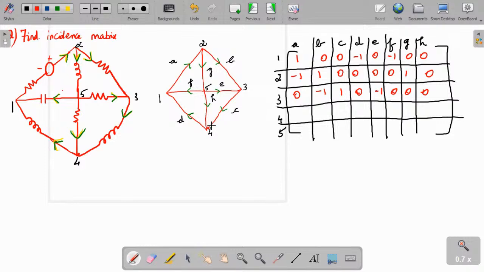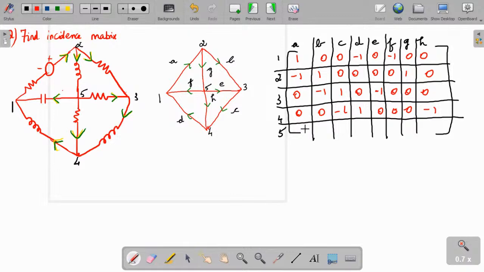Next consider node 4. Only D, H and C are connected, so remaining are 0. Okay, what about C? For node 4 it is incoming, so -1. D is leaving, so +1. And H is approaching, so it is -1.